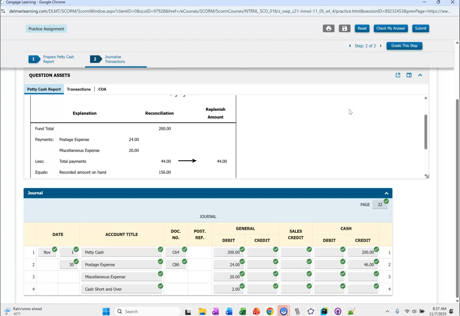So that first line was the establishment of the petty cash fund. Apparently, November was the establishment of the fund in general. But there we go. Everybody cool? What's up, Joe? What goes in number 4? Cash short and over.